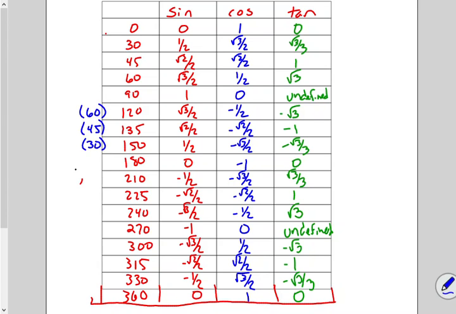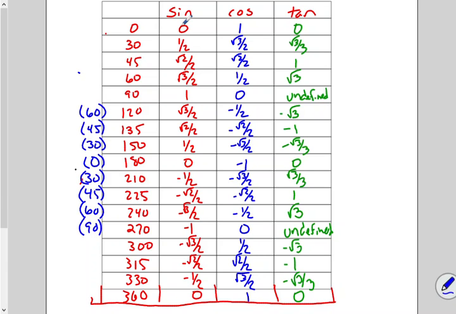Notice how the numbers are the same for 120 and 60, right? So that's why we call them reference angles. 180, right, is the same as a 0. And then we go again, 30, 45, 60, 90.